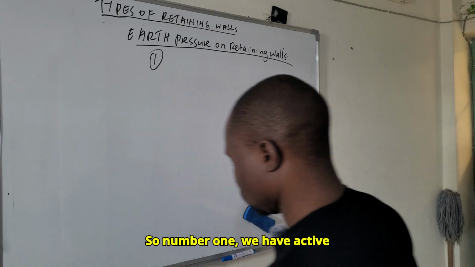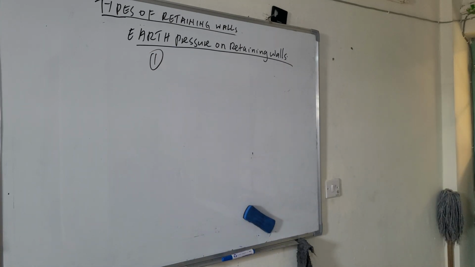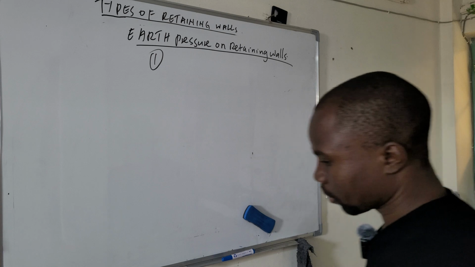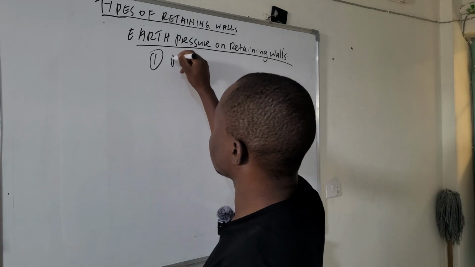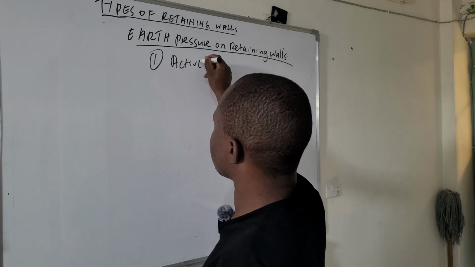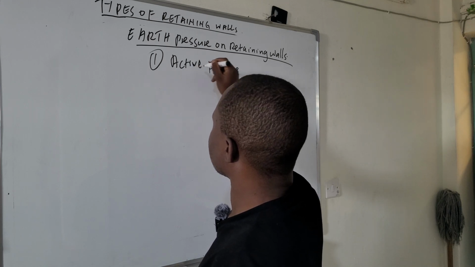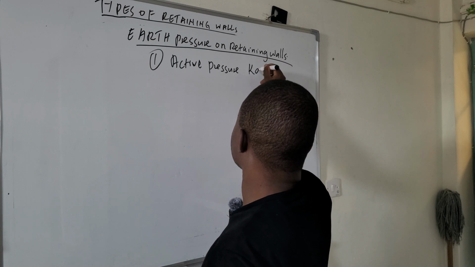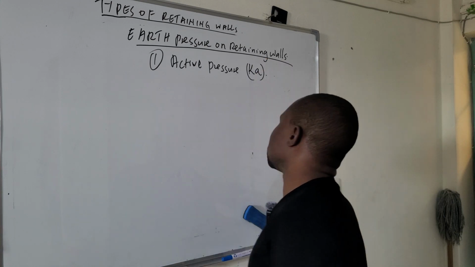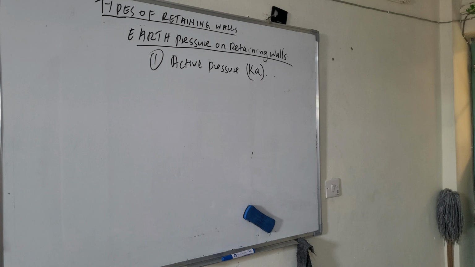Number 1, we have active pressure. It is symbolized by Ka.